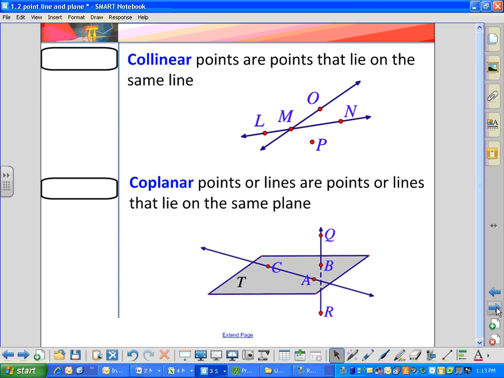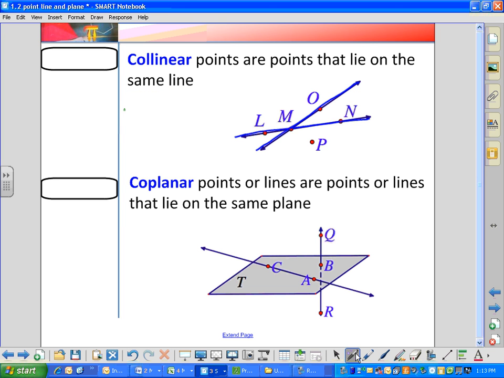Okay, a couple more vocabulary words. First one is collinear. If you look at the root word of collinear, the root word here is line. We have co in front of it. Co means together. So we think about together on a line. So collinear points are points that lie on the same line. If you look at this diagram, we have two intersecting lines. We have a line here and we have a line here.